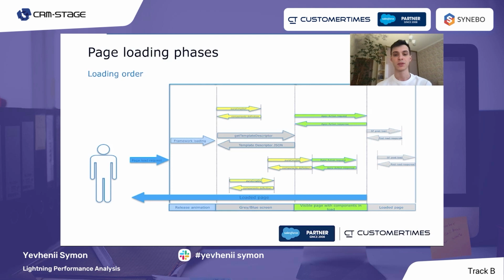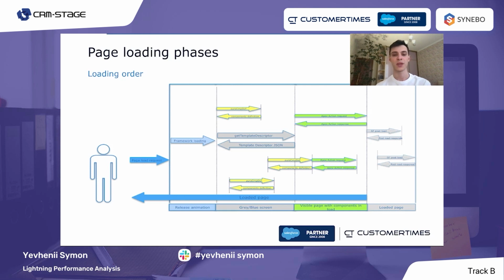During this phase, the system gets the information about the page content and the structure of this content, how the components are related to each other, how they are located on the page, and it is done through the getTemplateDescriptor call. So the user sees the gray screen until he gets the response for this request.